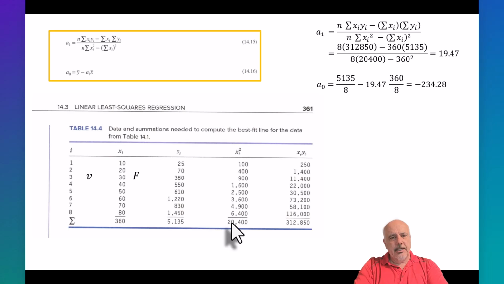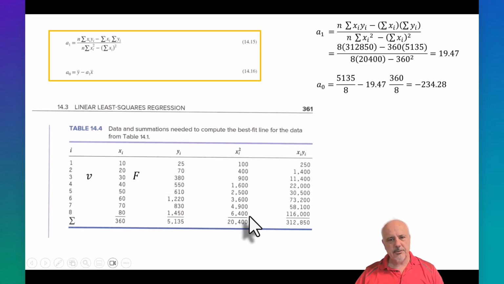We're going to take our data that we were given and really just kind of tabularize it, where I have x sub i's and then I have the sum of x sub i's. I have y sub i's and then I have the sum of y sub i's. X sub i squared, 10 times 10, 20 times 20.